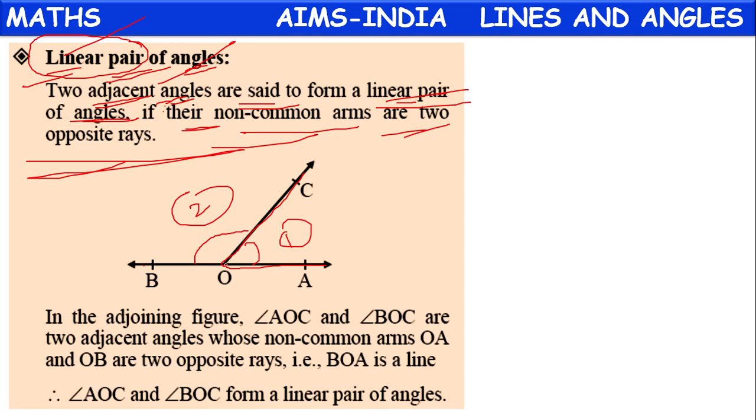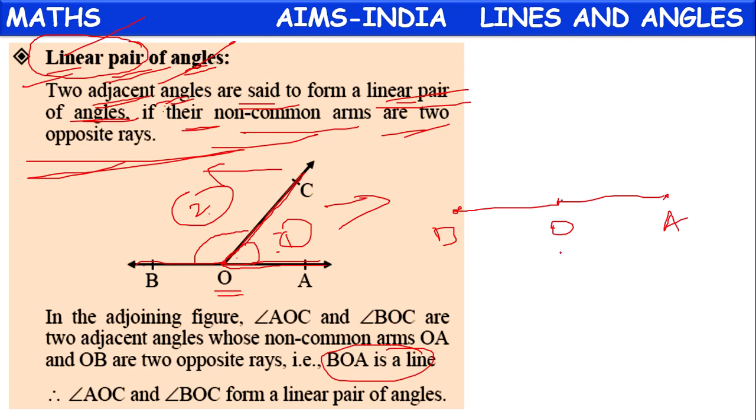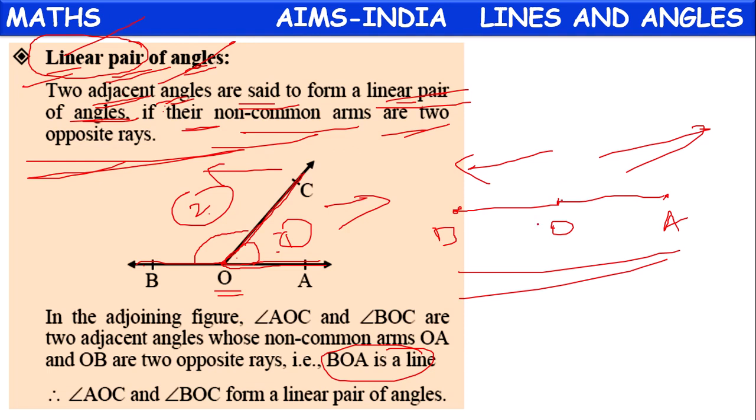These two are adjacent angles because they have a common vertex O, common arm OC, OA as the non-common arm towards this side, and OB as the non-common arm towards that side. Now these non-common arms, OA and OB, are part of the same line, BOA, but in opposite directions.